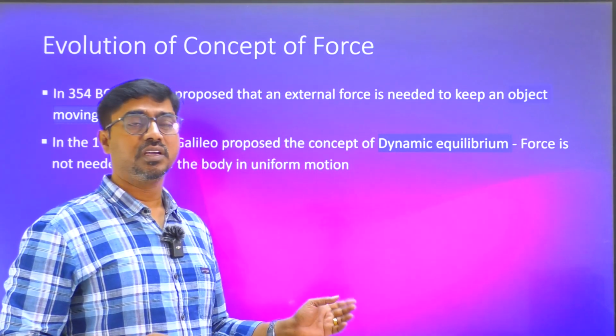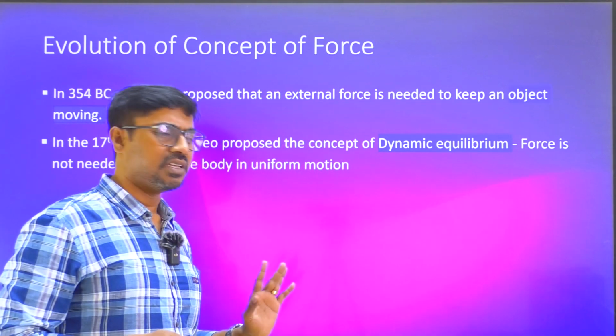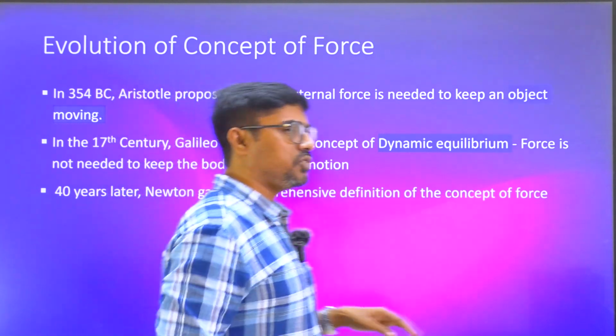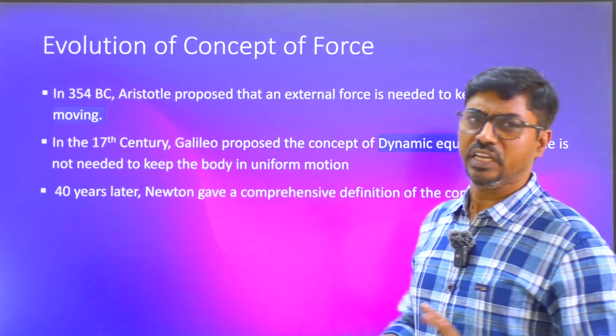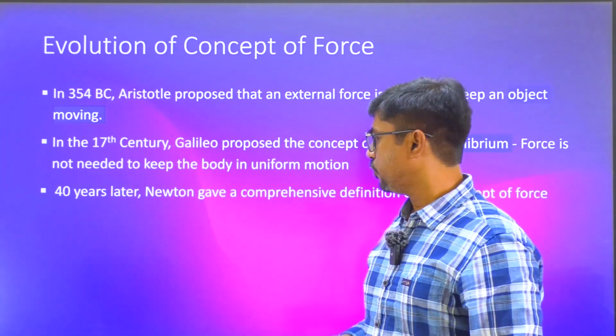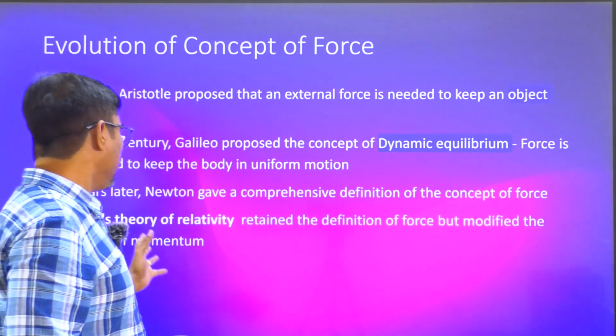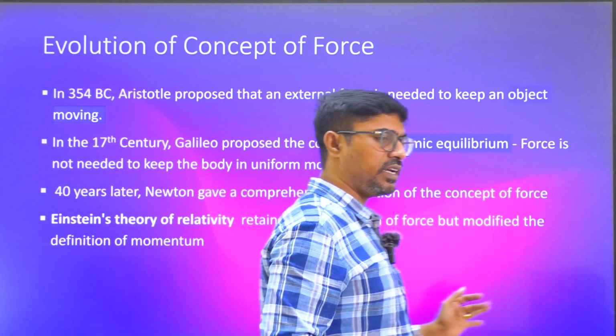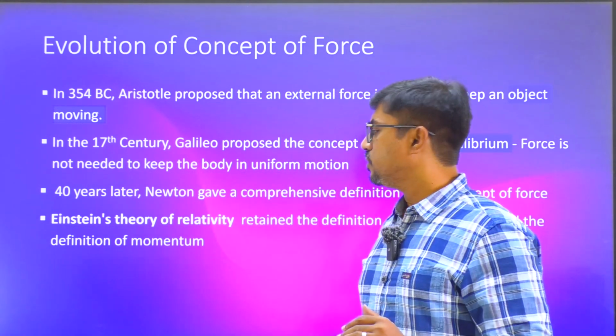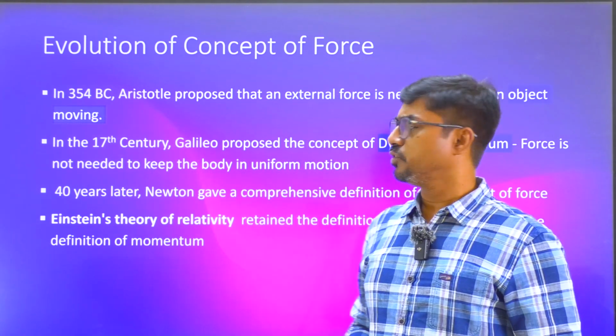Only to change the velocity you require force. This is called dynamic equilibrium. Then comes Newton, and he gave a very comprehensive, elaborate definition of force through his laws of motion.